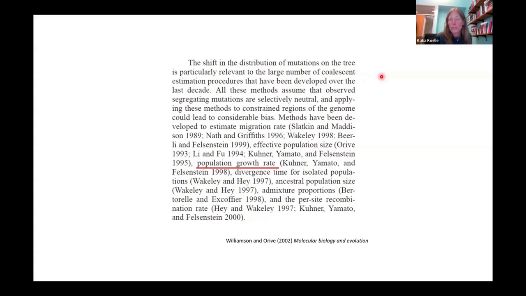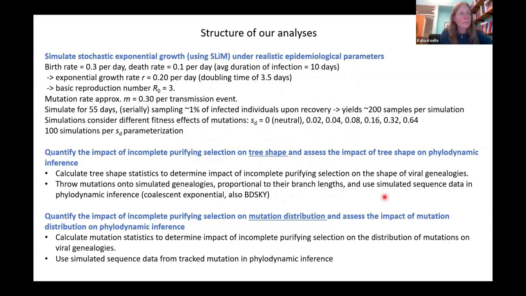All those methods assume that observed segregating mutations are selectively neutral, and applying these methods could lead to considerable bias, both in estimation of effective population size and the population growth rate, et cetera. I'm underlining population growth rate here because this is what's oftentimes being estimated, a parameter of interest in these phylogenetic models for viral and infectious diseases.